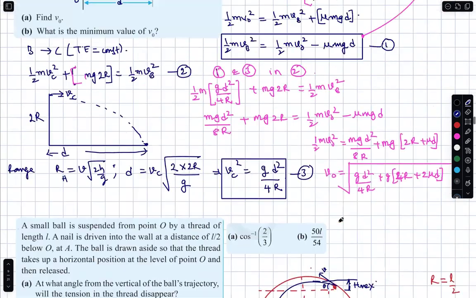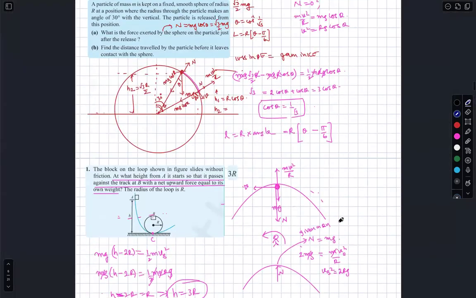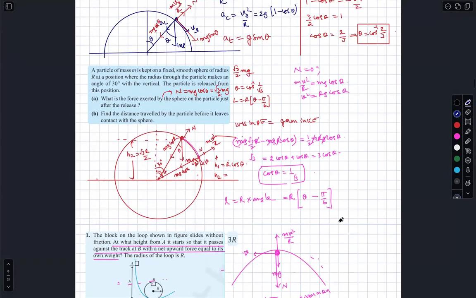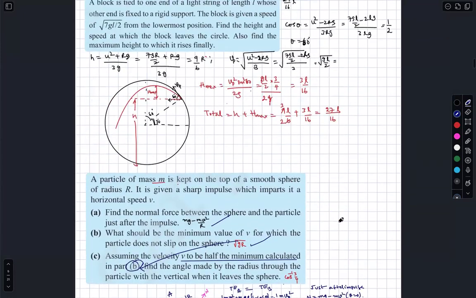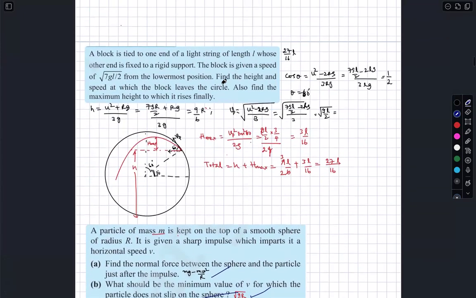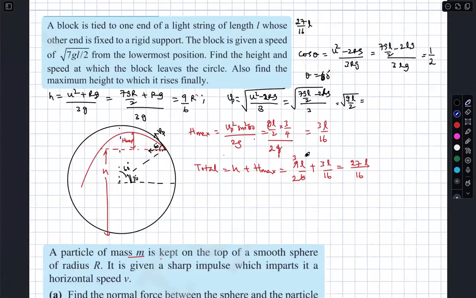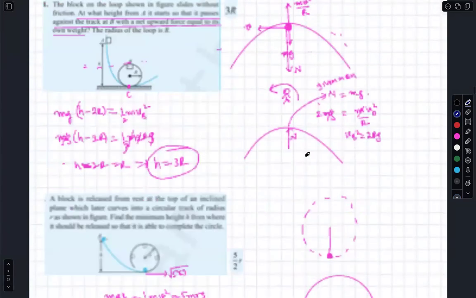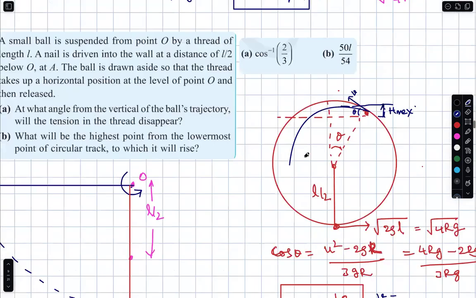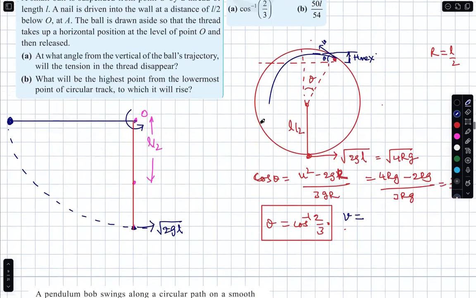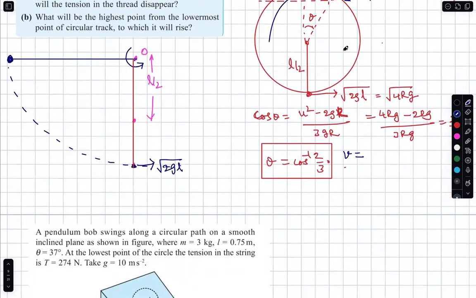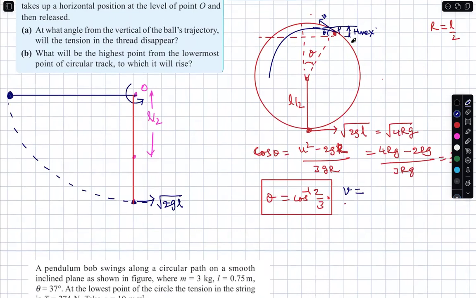Same problem we have done somewhere here. Exactly the same question. What is the formula there? V is the square root of U square minus 2rg by 3. Correct? And let this be some point P. Vp is, can you tell me U square?